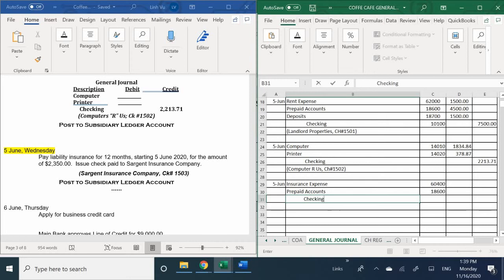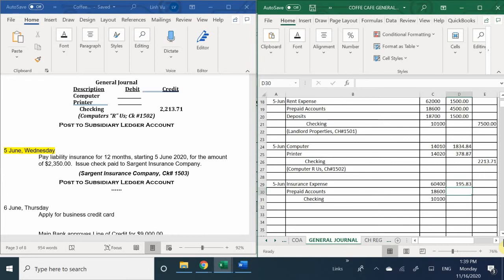So here's a few things that we've got to do. We need to look at our total amount, right? For the whole 12 months of insurance, it's going to cost me $2,350. So how do I determine what 1 month's going to be? Divide that by 12. Good. So it's $195.83 a month.